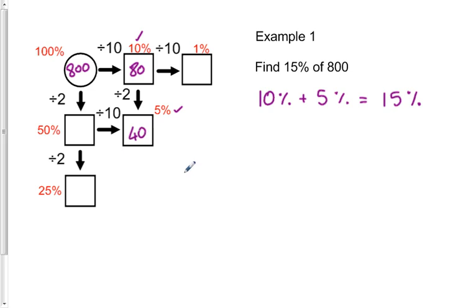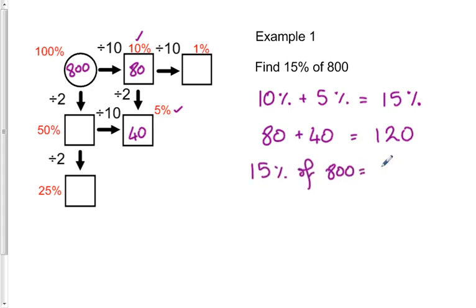And now we can fill in our numbers. 10% of 800 is 80. 5% of 800 is 40. So 10% plus 5%, 80 plus 40 is 120. So we can say that 15% of 800 is 120.